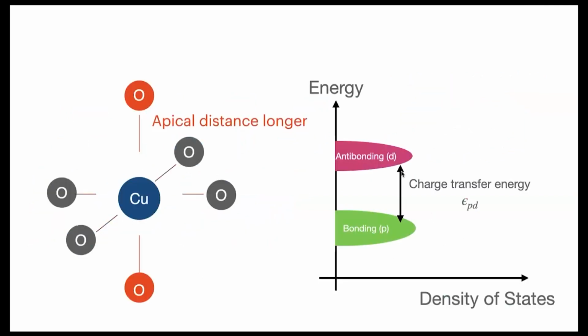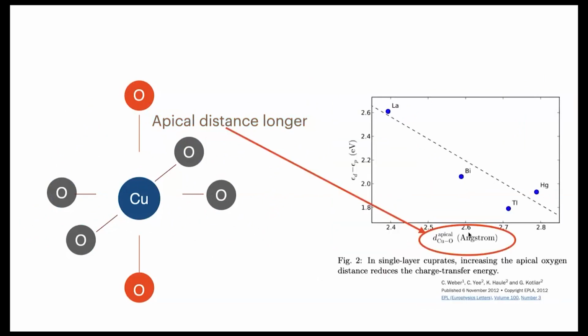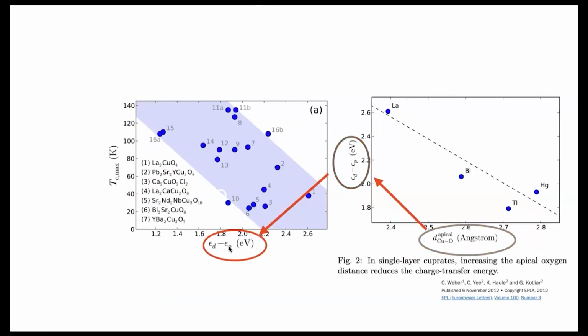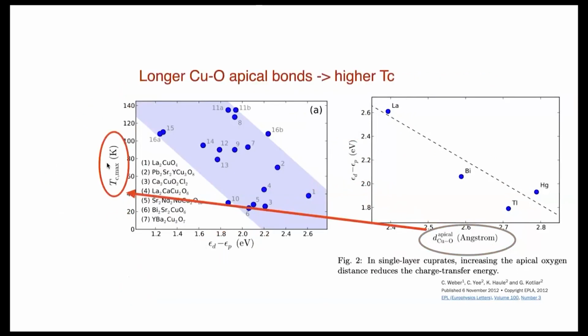It's important to note that the charge transfer energy is still important. So, the charge transfer energy between the antibonding d and bonding p orbitals here. So for example, in this older paper from Gabi Kotliar, for example, they found that the copper oxide apical distance is correlated to the charge transfer energy, and this charge transfer energy is correlated to the Tc.